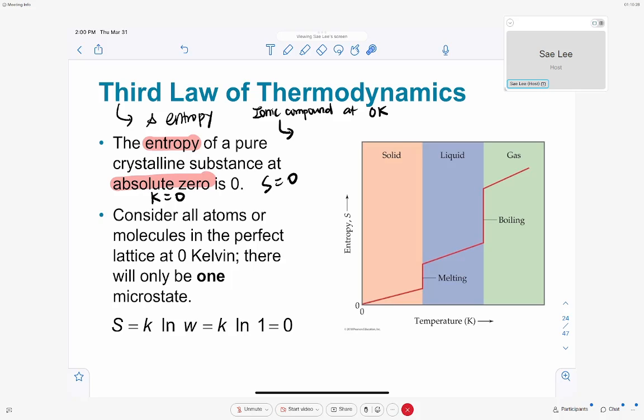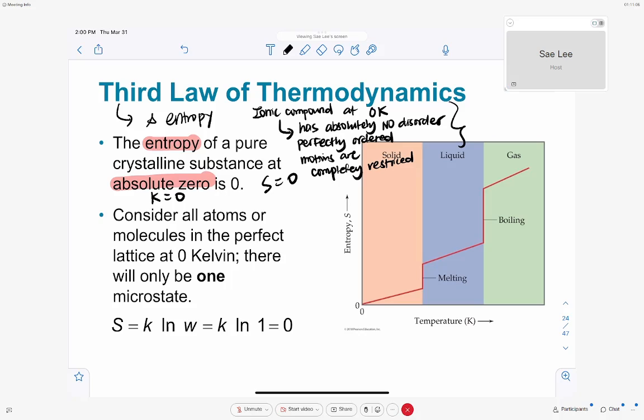An ionic compound at 0 Kelvin has absolutely no disorder. It is perfectly ordered, and its motions are completely restricted.